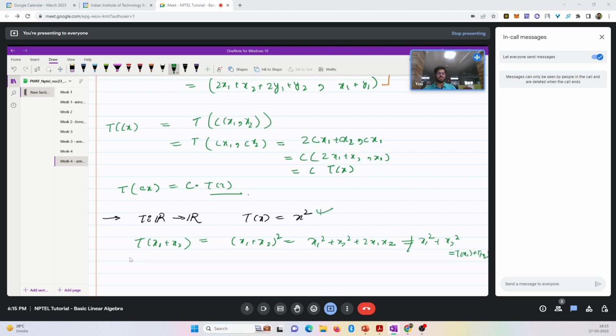So this can be treated as a counterexample, an example which is not a linear transformation.